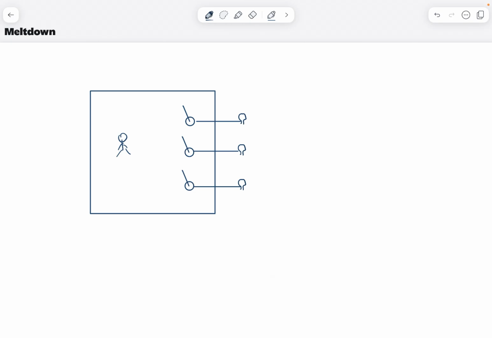So here's the interesting thing. We said that control 1 is associated with light bulb 1, control 2 with light bulb 2, and so on and so forth. But this is not the whole story.